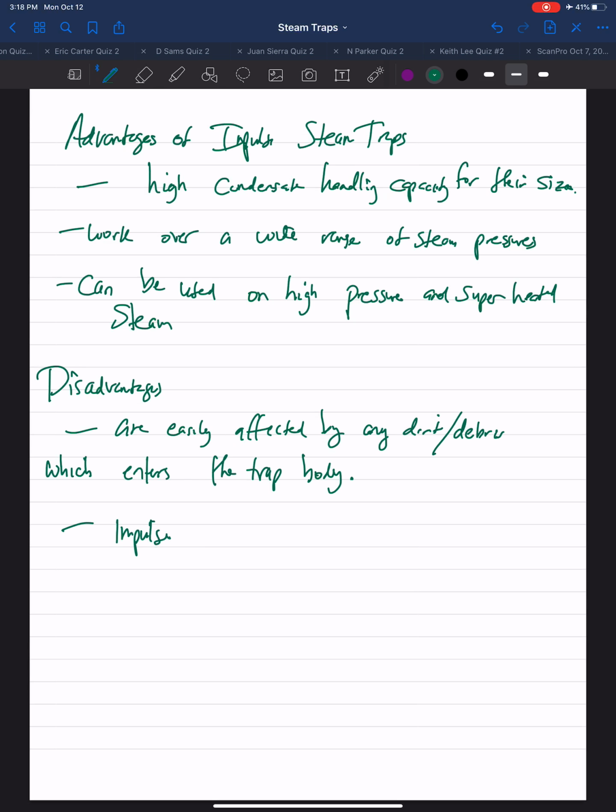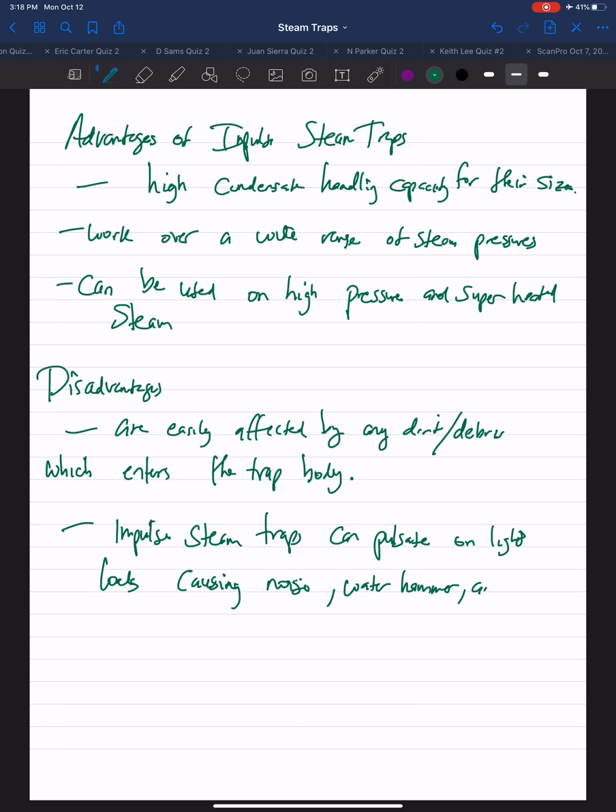Impulse steam traps can pulsate on light load, causing noise, water hammer, and even mechanical damage to the valve itself.